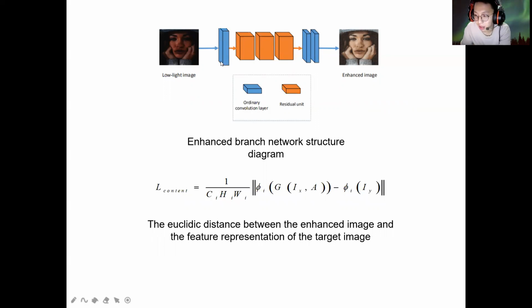And the orange block is the filter restraint residual cell, which is this part. And the last two layers are used to reduce the RGB image to achieve multiple filter conversion to the RGB image. We can see that. And below the picture, we can also see another formula of this loss function. It's a highlight point in our paper.